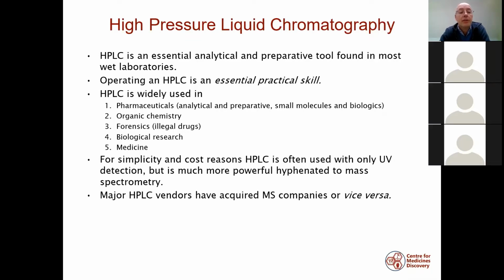I've listed some of the uses here: in pharmaceuticals, in organic chemistry, forensics, biological research, of course, and also in medicine. Very often HPLC is coupled to UV detection, but it's much more powerful if it's coupled to mass spectrometry. That's been known for quite a long time, and most mass spec vendors also make HPLC equipment and vice versa.